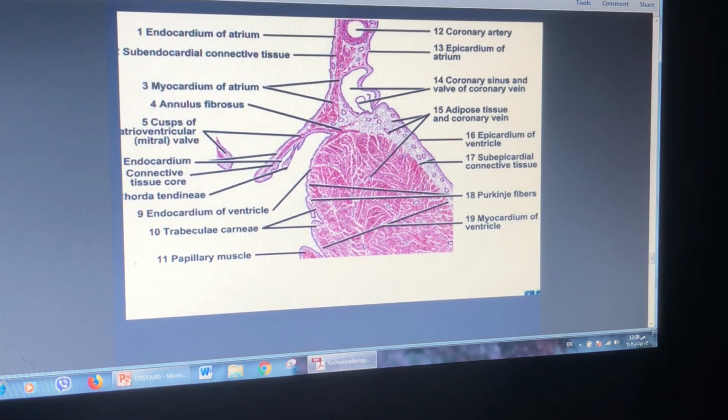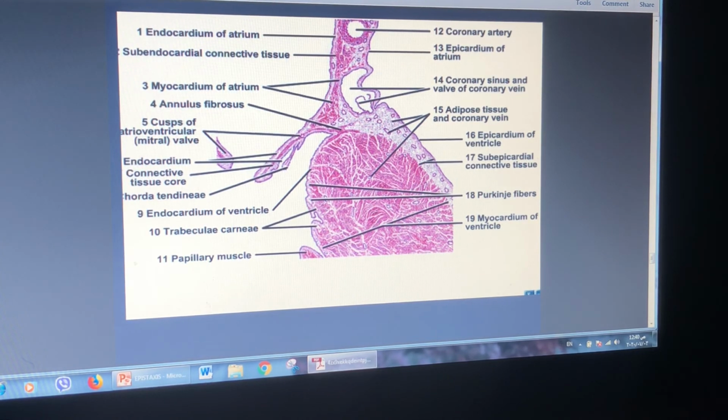Now, this is the coronary artery. And this is the subendocardial connective tissue. And this is the endocardium of the atrium.